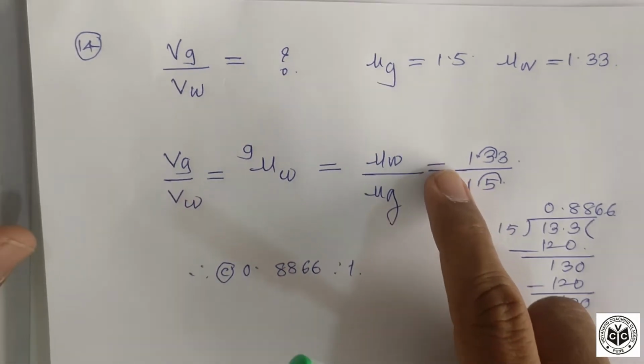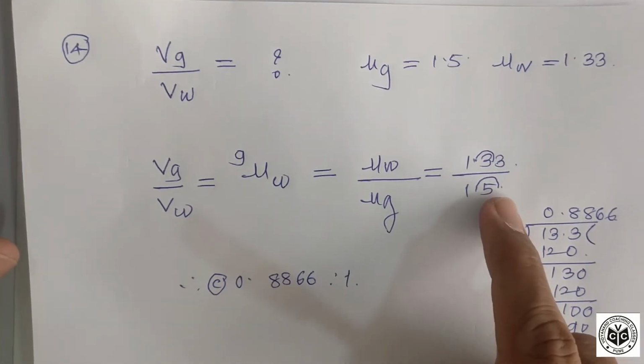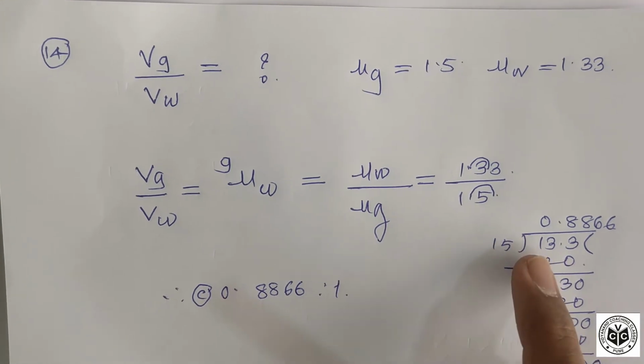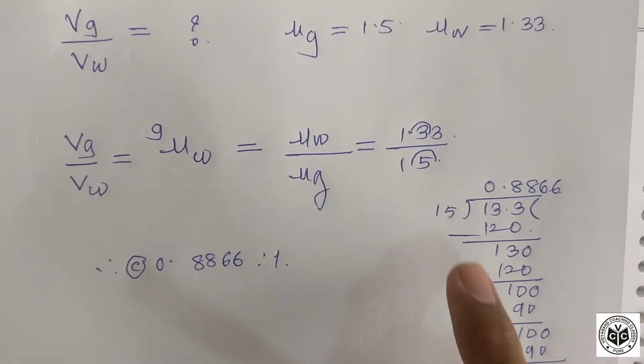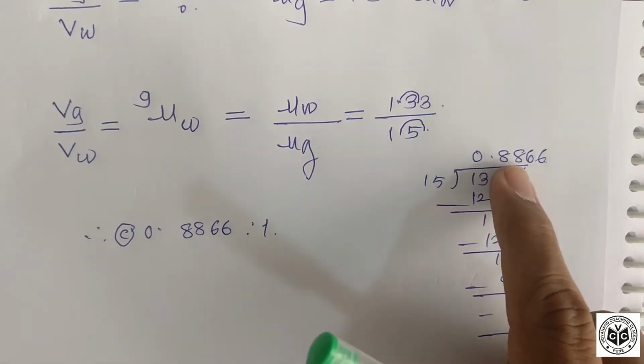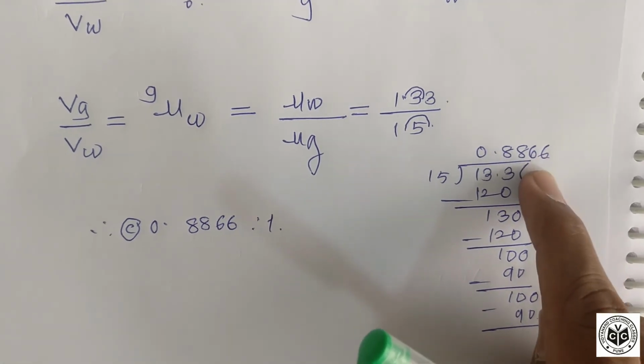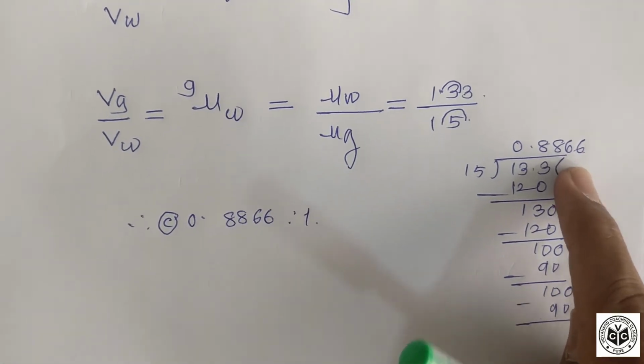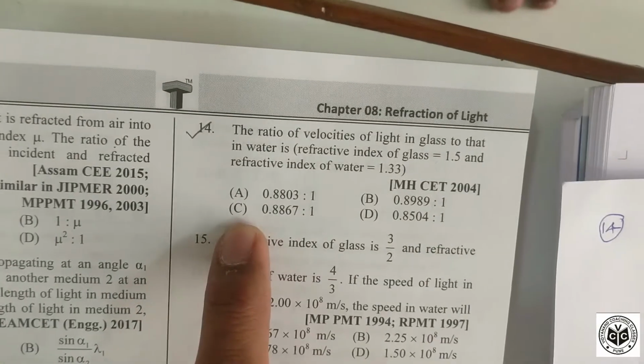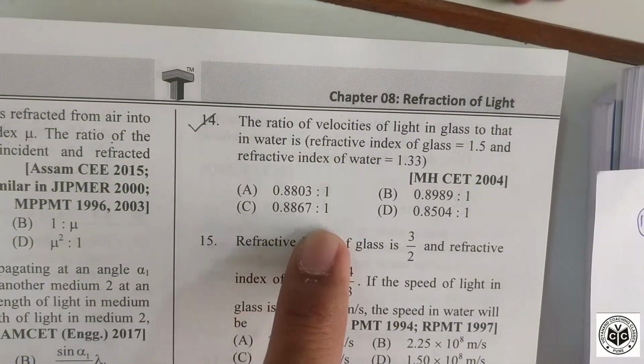So, it is 1.33 upon 1.5. Simplifying, you get 13.3 divided by 15, which comes to 0.8866. So last figure is rounded up to 7. So the option is C, 0.8867 is to 1.